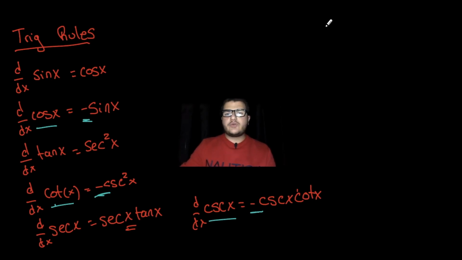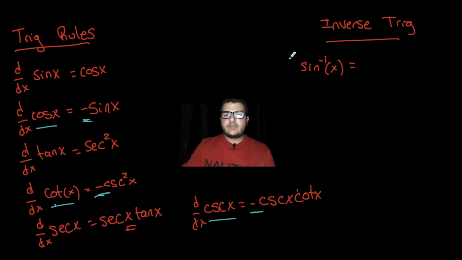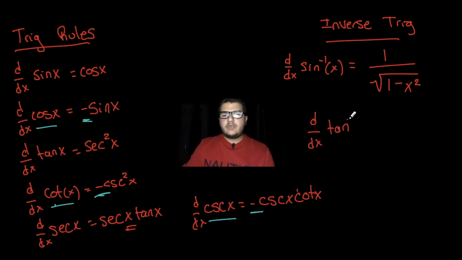So after you know the trig rules, you should also know your inverse trig derivative rules. So for sine inverse of x, the derivative is 1 over the square root of 1 minus x squared, and the derivative of tangent inverse of x is 1 over 1 plus x squared.